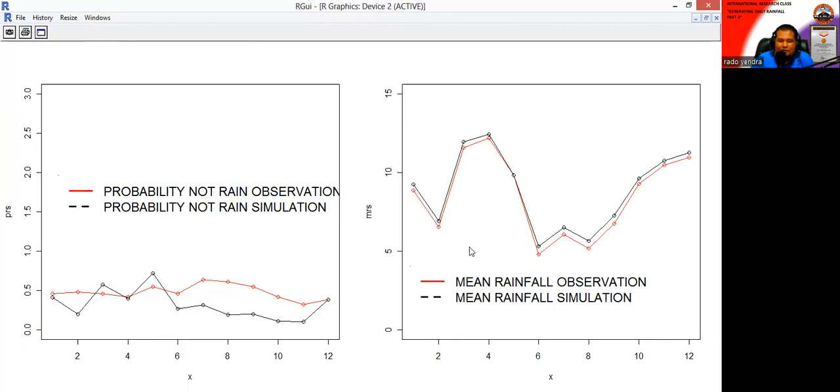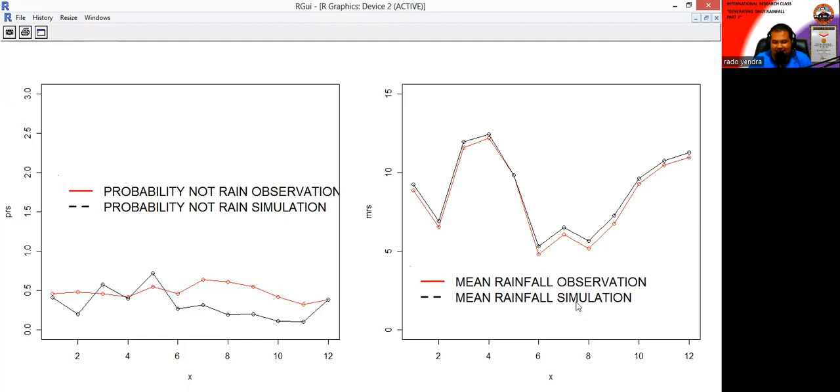The first graph is for the probability of no rainfall: the red one is the observation, and the black one is the simulation. And then this is for the mean rainfall: the red one is the mean rainfall observation, and the black one is the mean rainfall simulation.